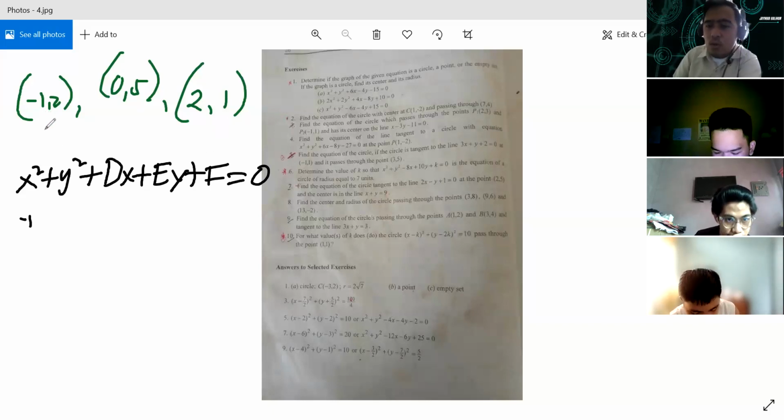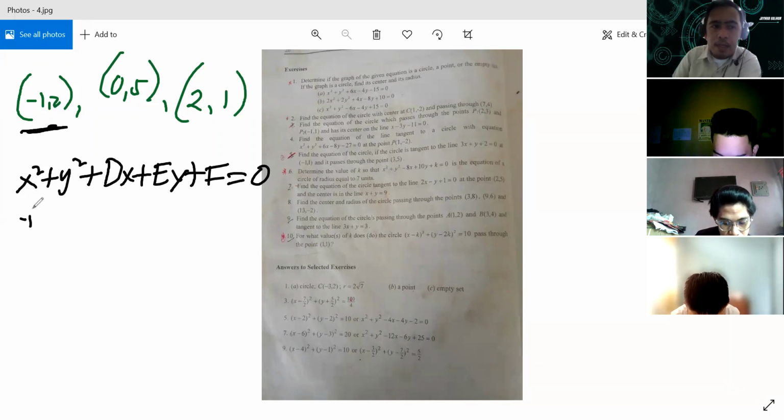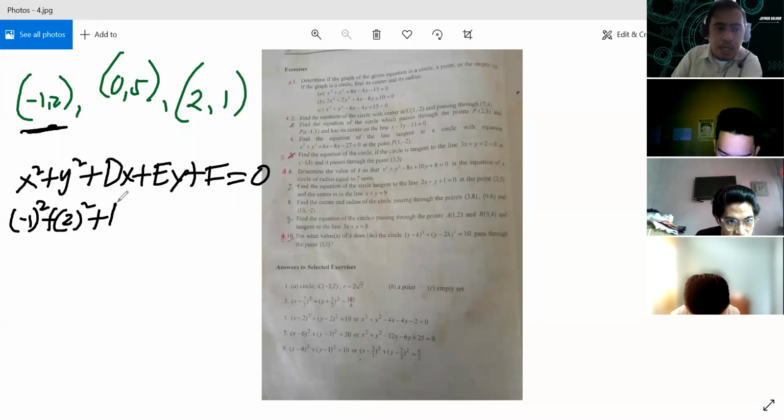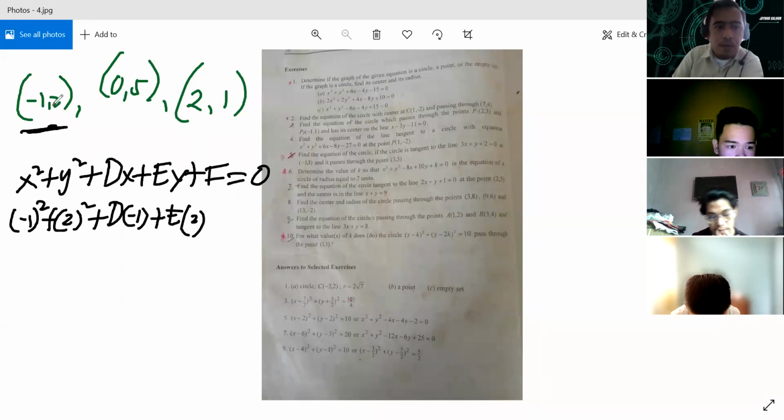Tulo ka equation. Anong tulo? Kaya na may tulo ka points. If you will use the first point, negative 1, 2, then you will get negative 1 squared plus 2 squared plus d times negative 1 plus e times your y, which is 2. That's coming from here. And your f, right?